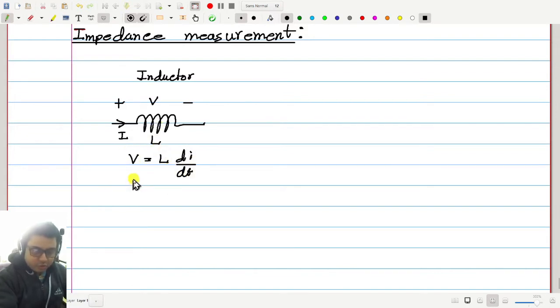This is true for a pure inductor without any resistance, but that is impossible in practice.